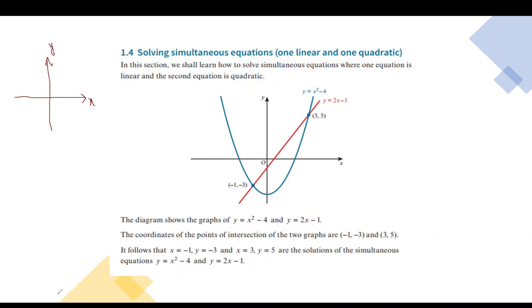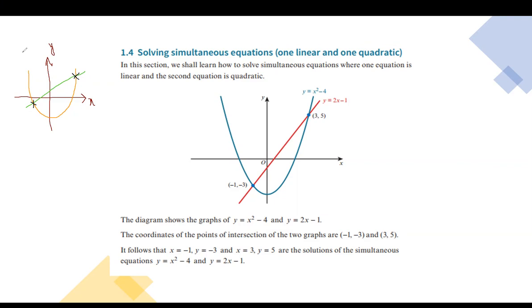After doing this, there is a parabolic curve that meets a line at two points. Two points mean there must be this point and this point. There must be two solutions. So the diagram shows the figure.